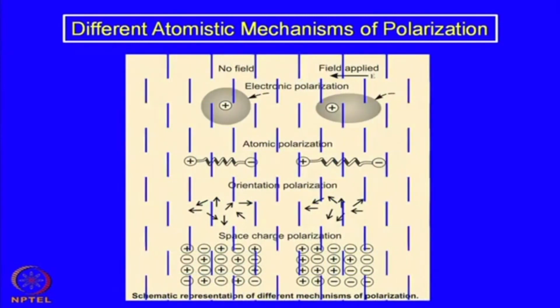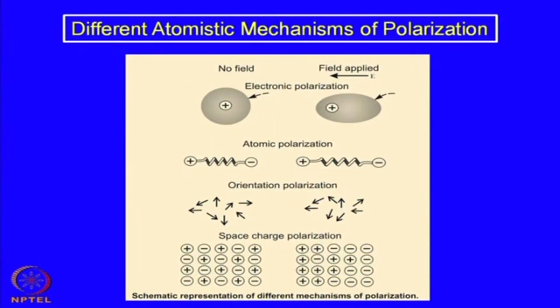Well, with this phenomenological description of what happens when we apply an electric field to an insulator, what kind of dipoles are created? Basically, there is a polarization, more dipoles are created, and that gives rise to a dipole moment, and the polarization is basically a measure of how much dipole moment is generated per unit volume. Okay.